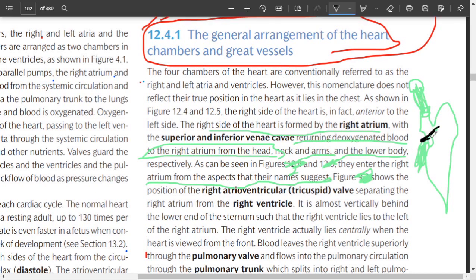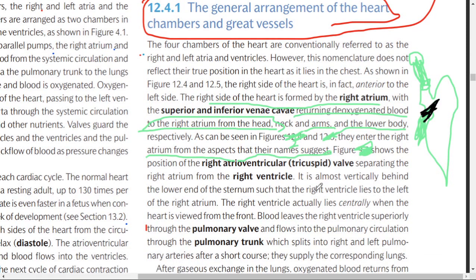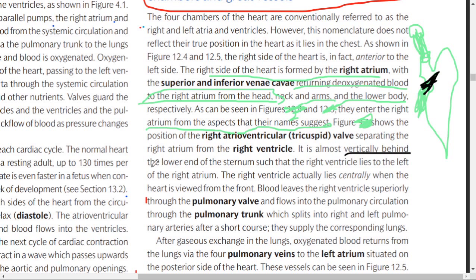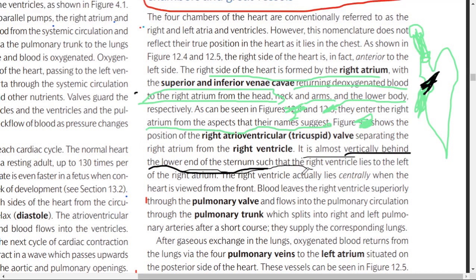The tricuspid valve separates the right atrium from the right ventricle. It is almost vertically behind the lower end of the sternum, such that the right ventricle lies to the left of the right atrium.